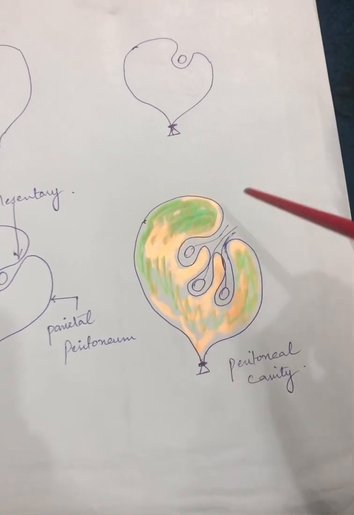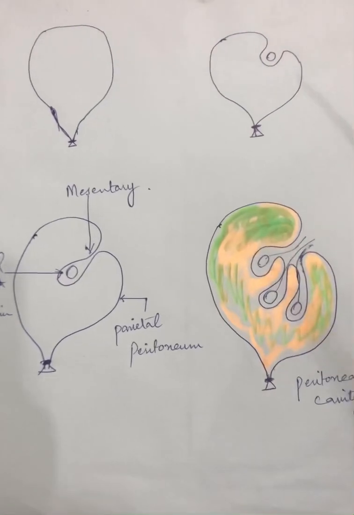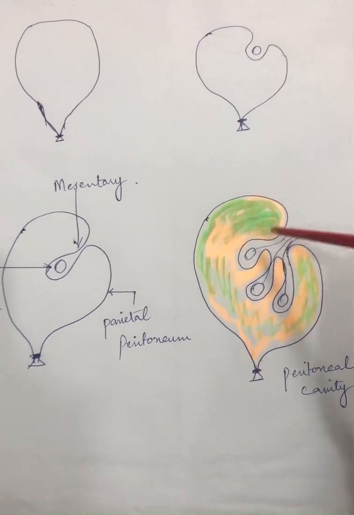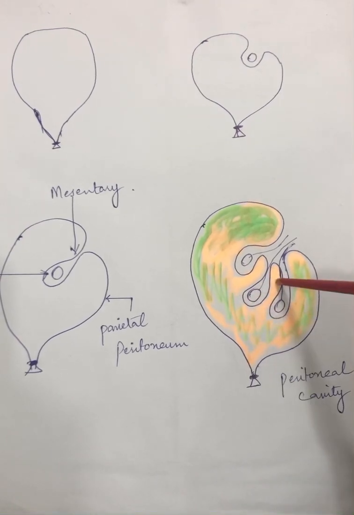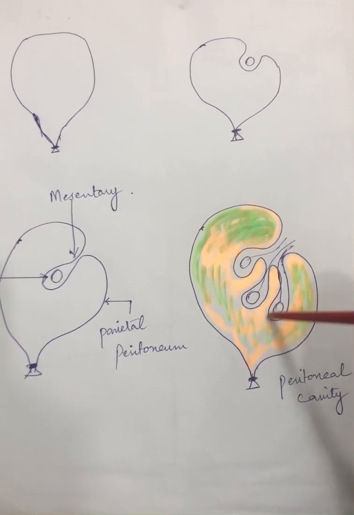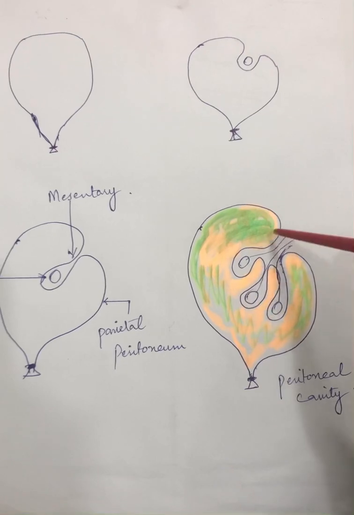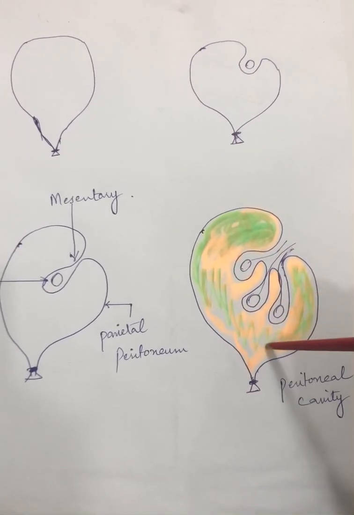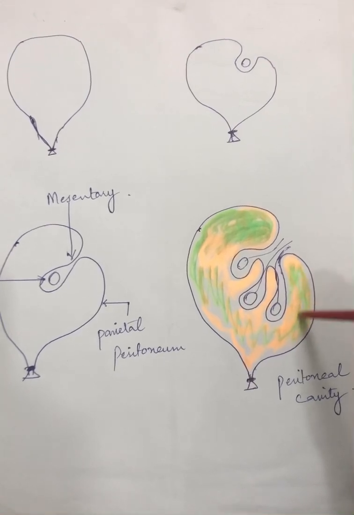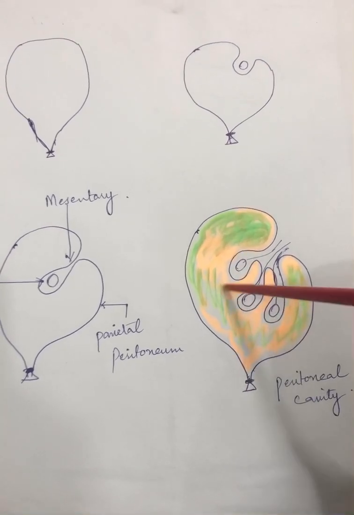The point I am trying to make here is that this peritoneal cavity is not very simple, rather it is a very complicated kind of cavity which is present in the form of loops and folds between the viscera.